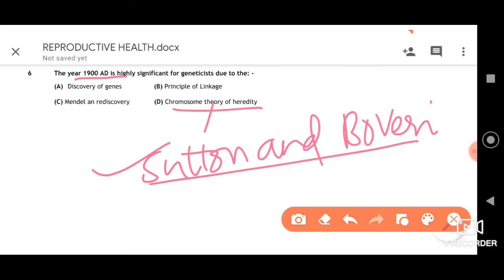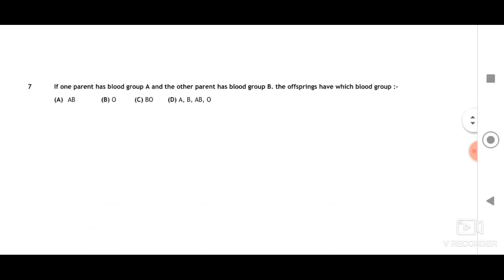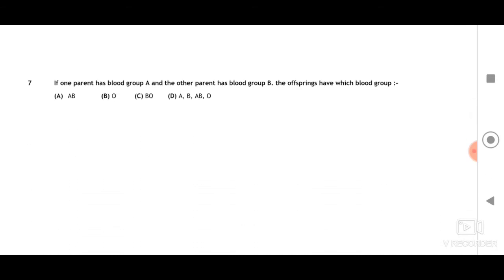So the Mendelian rediscovery, through those three scientists Hugo de Vries, Tschermak and Correns, is very significant for genetics. Go for option 3.